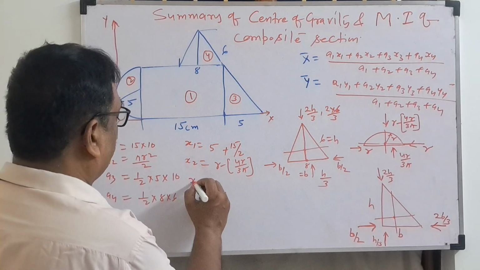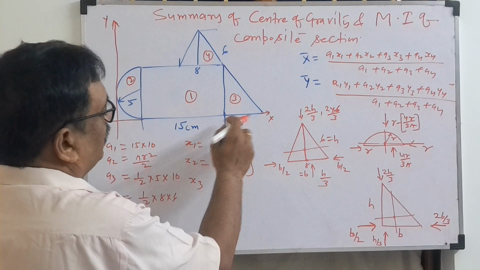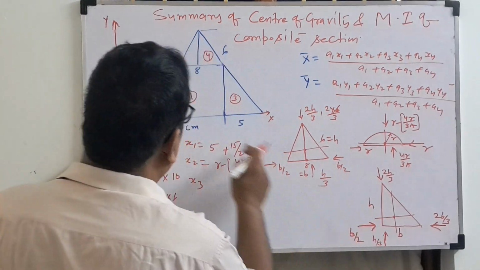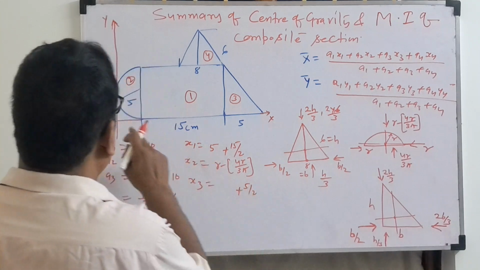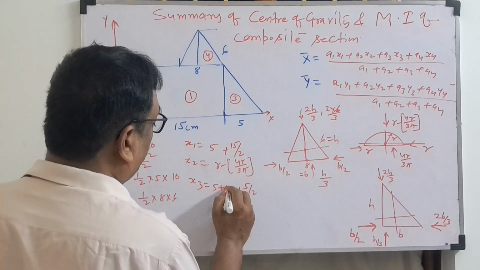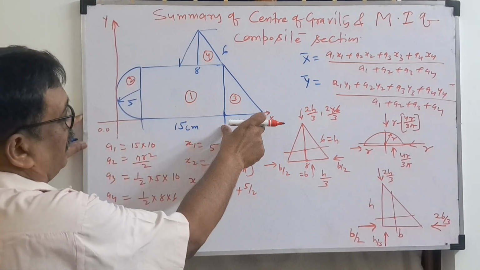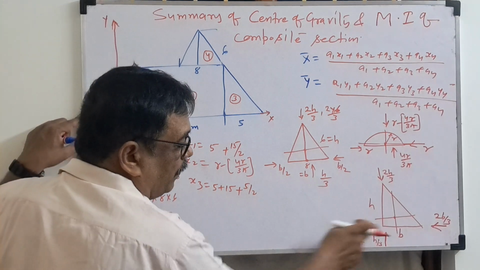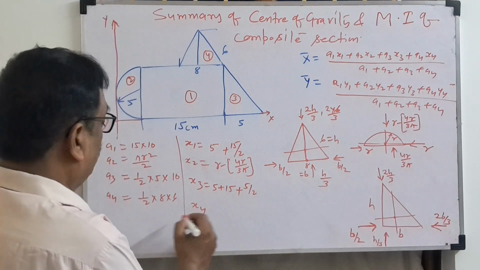Then x3. X3, this one. Suppose you are seeing from this side. This side what is it? B by 2. B by 2 only. So 5 by 2. But where? 5 plus 15. X3 is equal to 5 plus 15 plus 5 by 2. This side we are seeing b by 2. Okay, now x4.